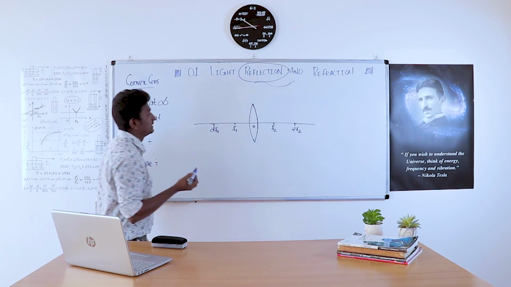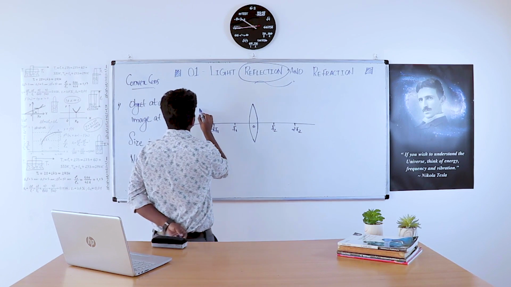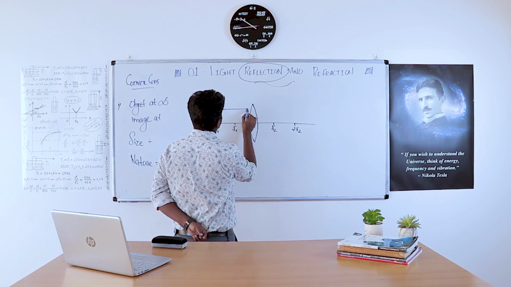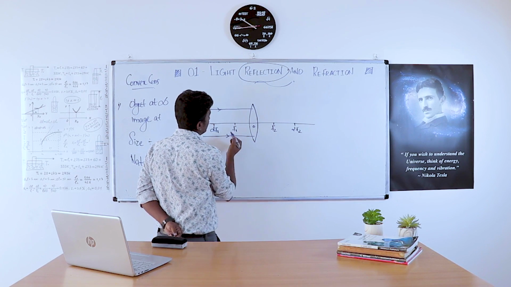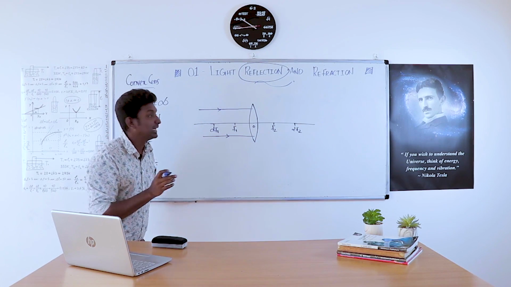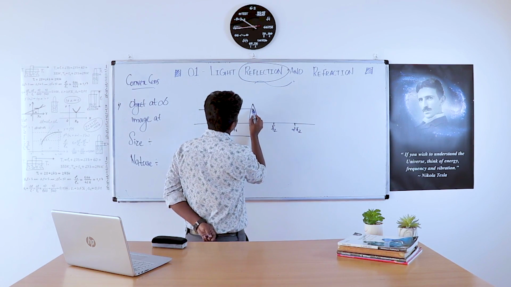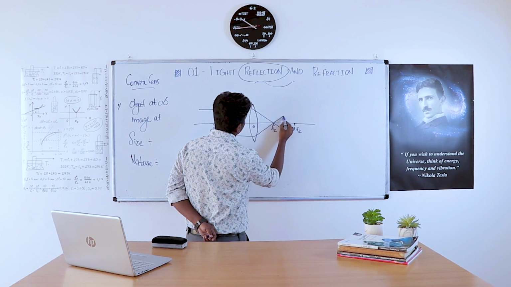So where is the object? Object is at infinity, so we cannot draw the object. Only the rays coming parallel to the principal axis can be drawn. So we know that if the rays are coming parallel to the principal axis, then after refraction, it passes through the focus.